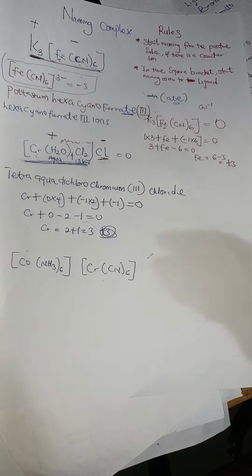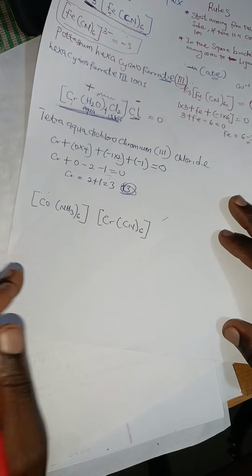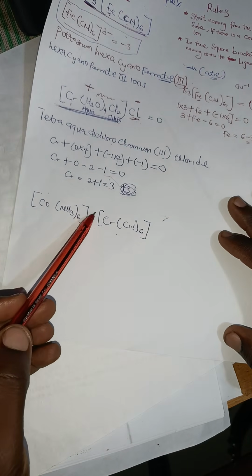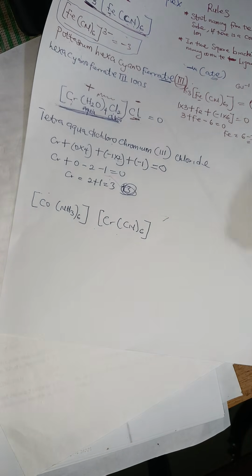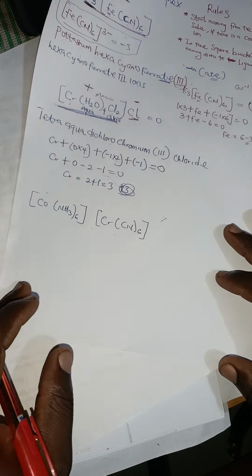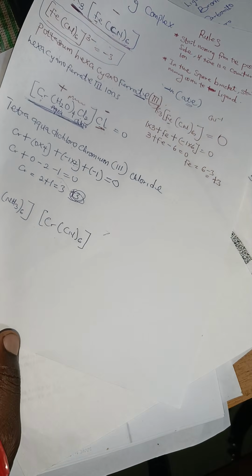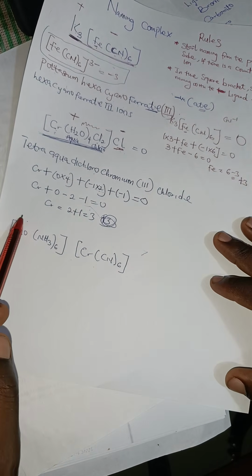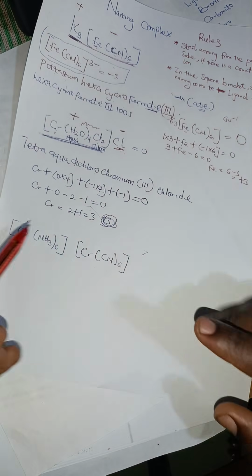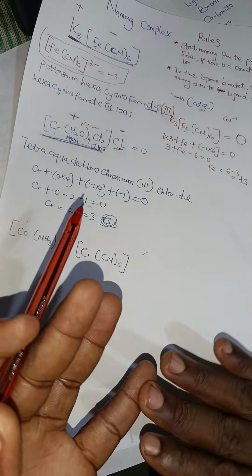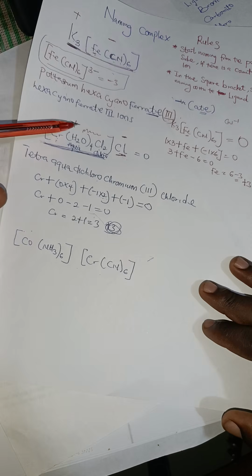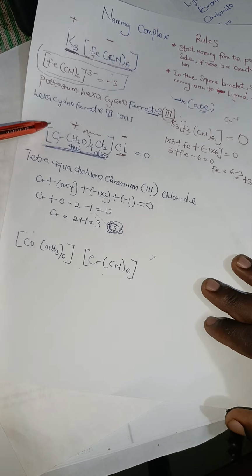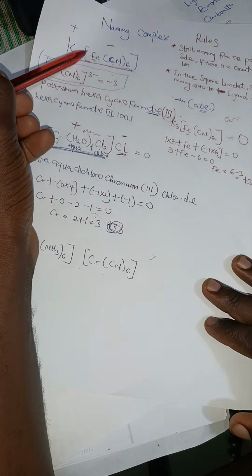Now, to name this last one, to make it easier for you, you have to break this complex into the positive and negative complex ions. Though I'm still going to talk about some complex compounds, because I told you that the whole square bracket can either be positive or negative.